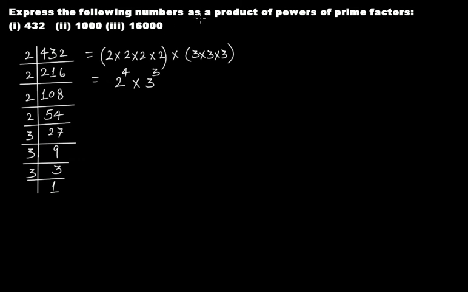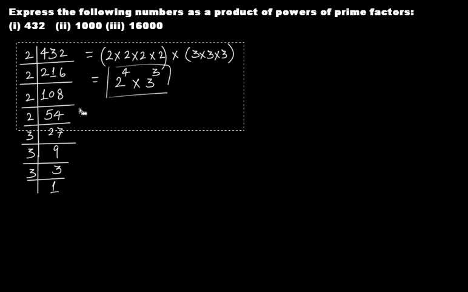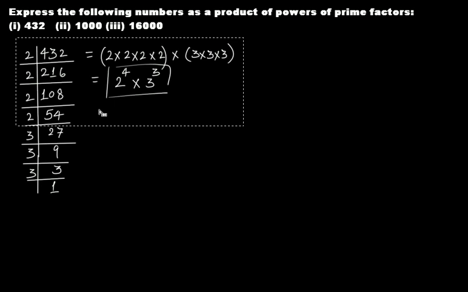So you can clearly see that here it is the product of powers of prime factors. 2 is raised to the power of 4 into 3 raised to the power of 3, right? Let's take next one, that is 1000.